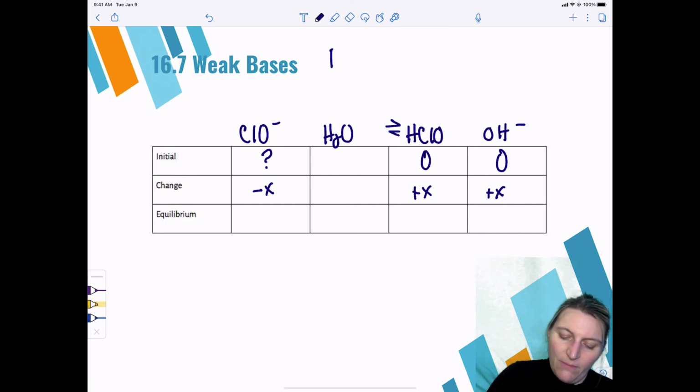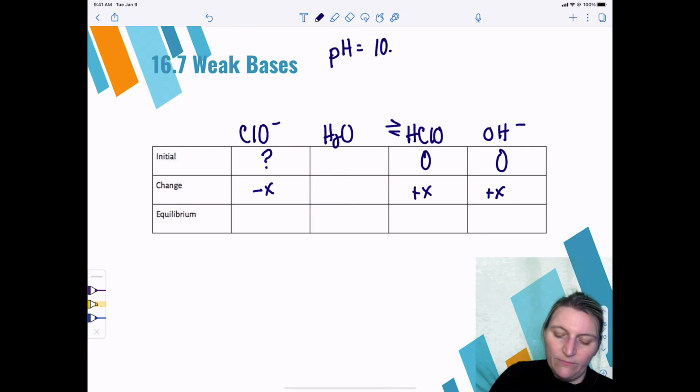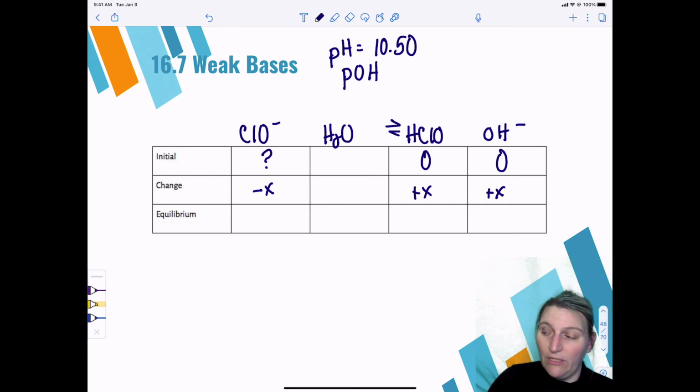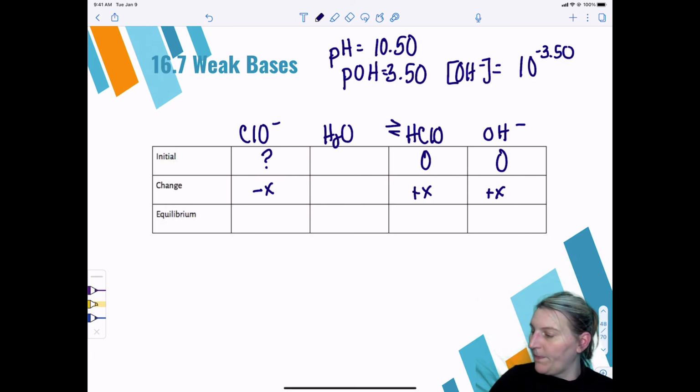I know that the pH was 10.50. That tells me that the pOH was 14 minus that, or 3.50, which means that the concentration of the OH minus was 10 to the negative 3.50. That comes out to be 3.16 times 10 to the negative 4.